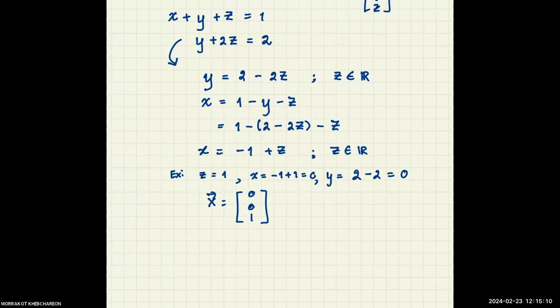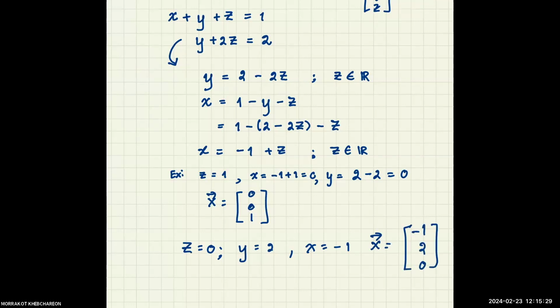And if I say z equal to 0, can I do that? Yes. With z equal to 0, I will get y equal to 2, x equal to minus 1. So you have another solution, which is minus 1, 2, 0. Or one can say z is 0.5. Can you do it? Yes.